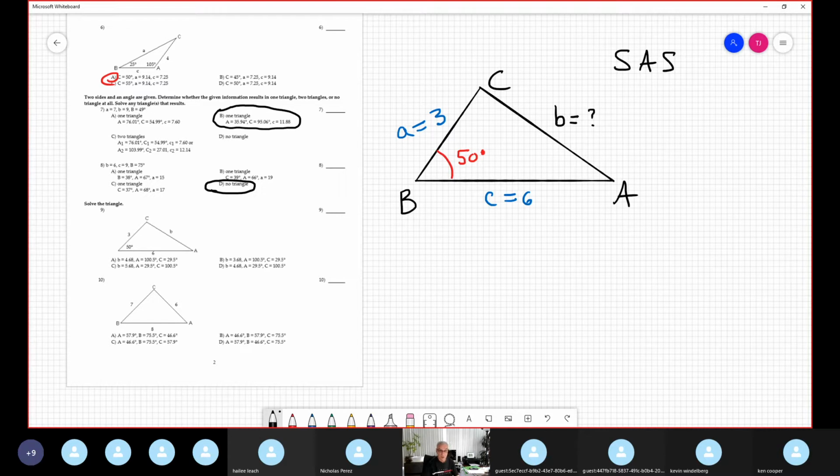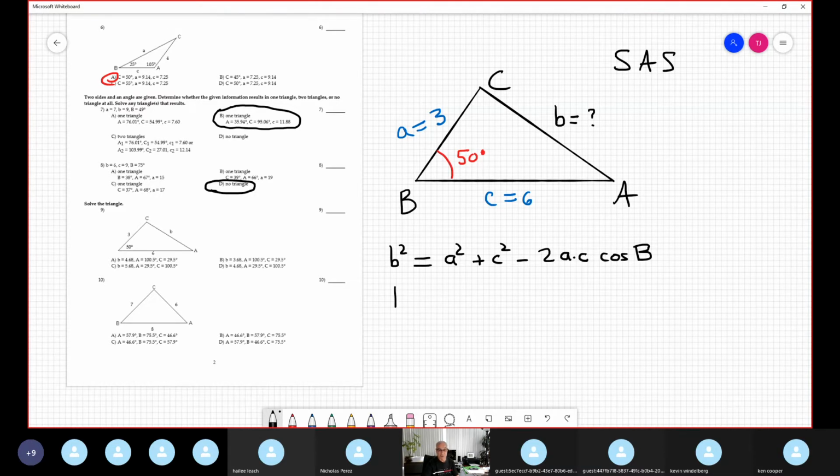Therefore, the version of the law of cosine that I'm using is b squared equals a squared plus c squared minus 2 times a times c times cosine B, because I have B in my hand, 50.